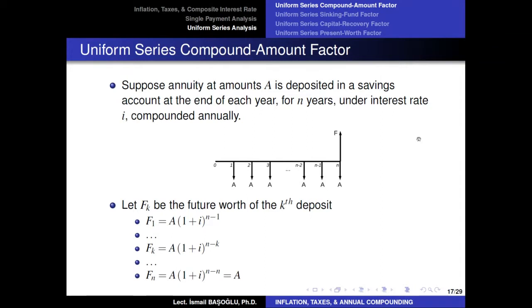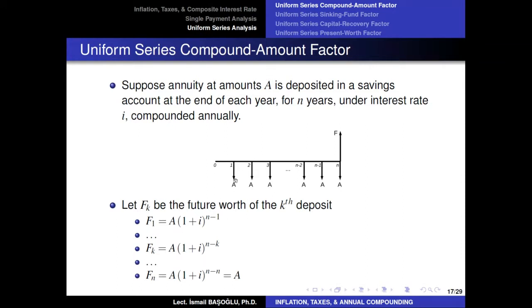So each annual amount, each installment, so what we call these annuities are also installments. Installment in Turkish means taksit. So each installment is going to bring us a certain future value, and the future value of the uniform series is the total of the future values created by each installment.